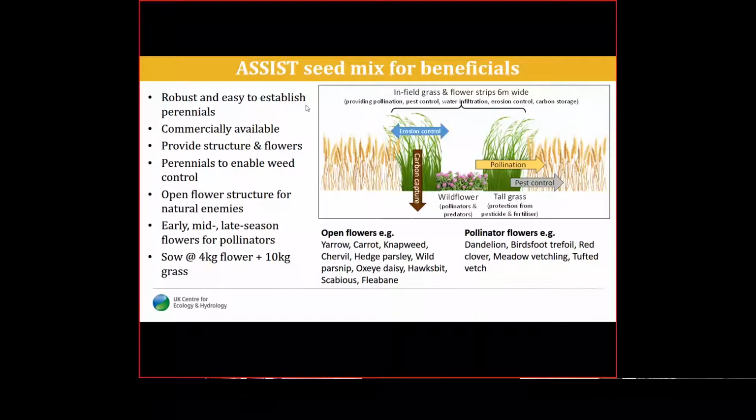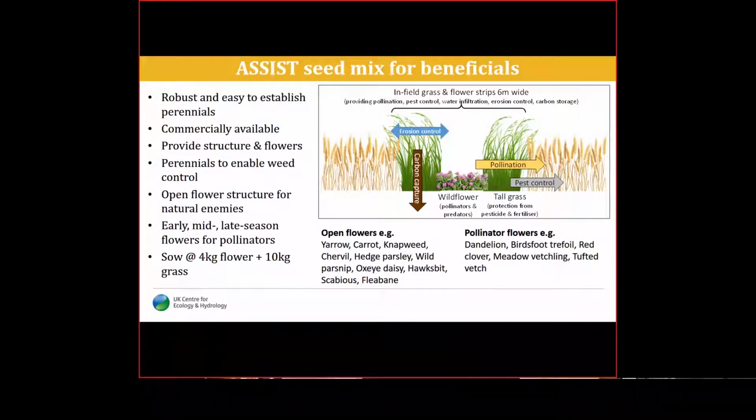In terms of the ASSIST seed mix for beneficials, we did a literature review that looked into all of the beneficial species that we wanted to increase for the arable crops we were growing. We looked into the life cycle and what those species really needed to complete their life cycle.